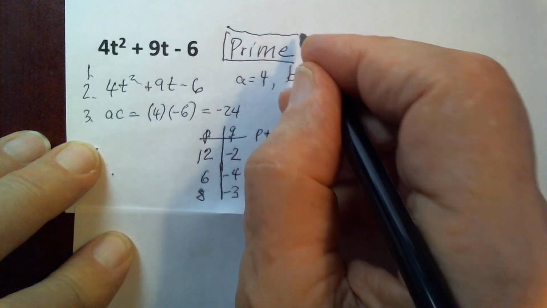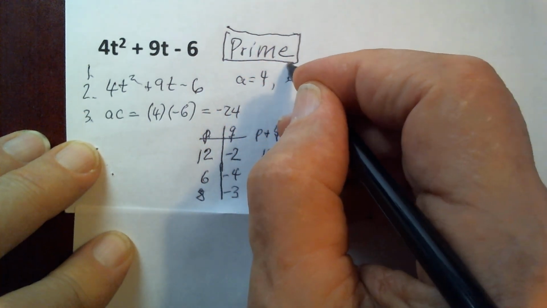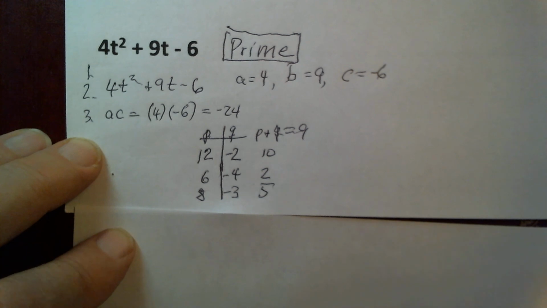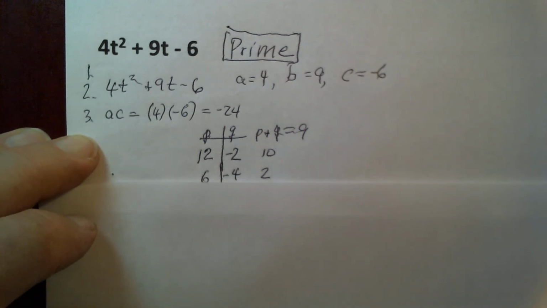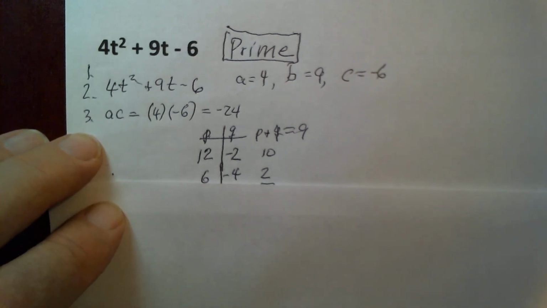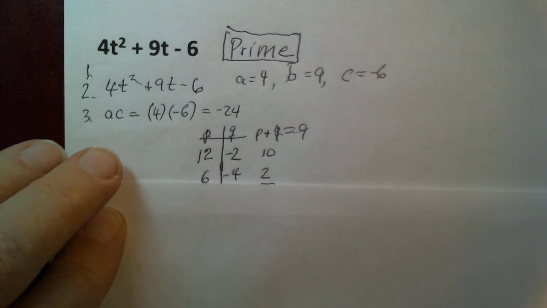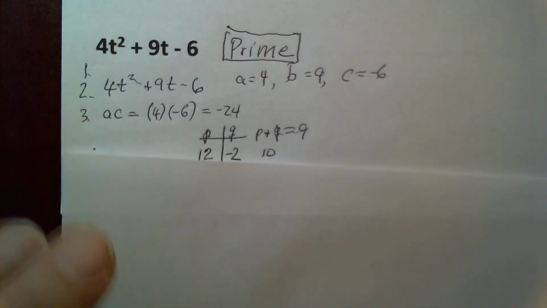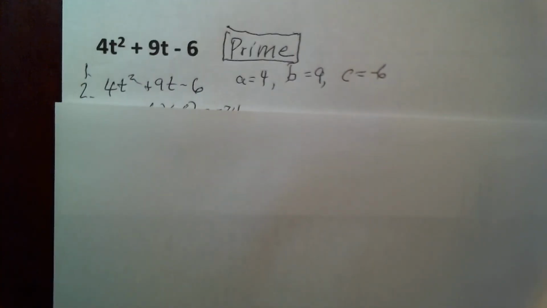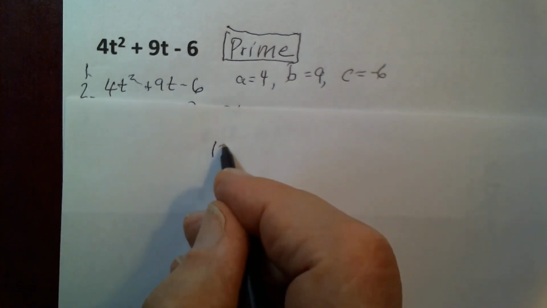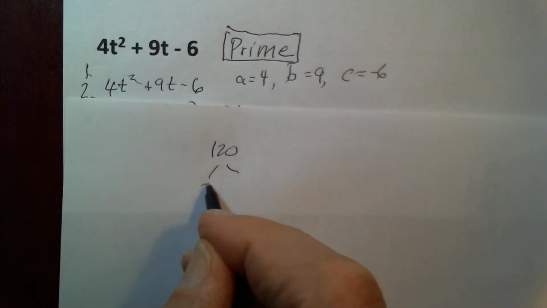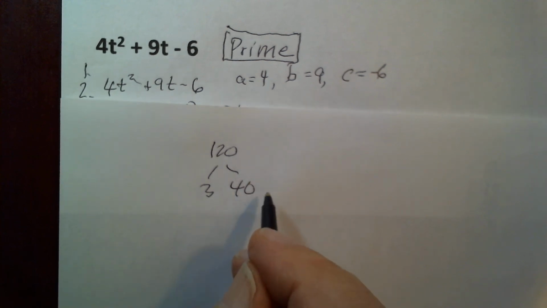Which shouldn't be too much of a surprise, because remember in the beginning I said that polynomials are a lot like integers. And you know that there are a lot of integers that can be factored. Like we've looked at lots of examples, like 120, and they can be factored into 3 times 40 and in different ways.